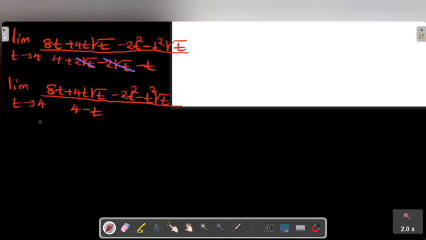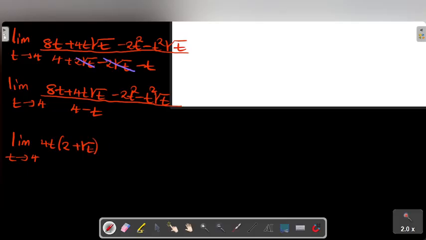So therefore, what do you do? On top, we have the limit as t approaches 4. Between these numbers, you factor out what is common, and you can see that 4t is common on top. So we have a 4t that is common. Then we open brackets: we have a 2, because 8t divided by 4t is 2, then 4t root of t divided by 4t is just root of t.